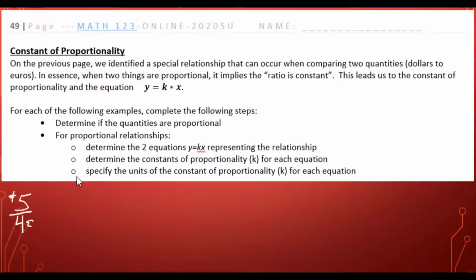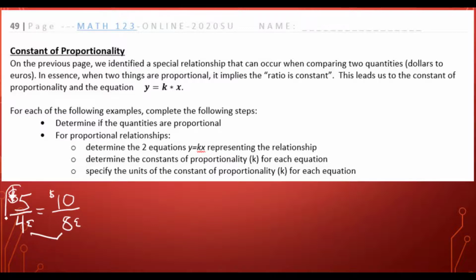So this is the one we just did. Dollars to euros. $5 is the same as 4 euros. Now the rule of thumb is if you double one, what happens to the other one? And if it doubles, which in this case it does, then this is a proportional relationship.